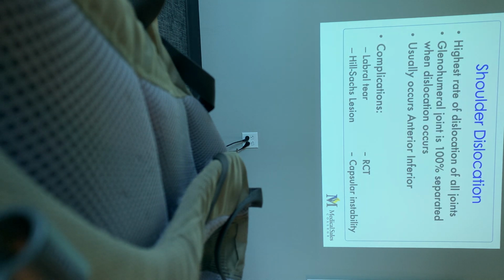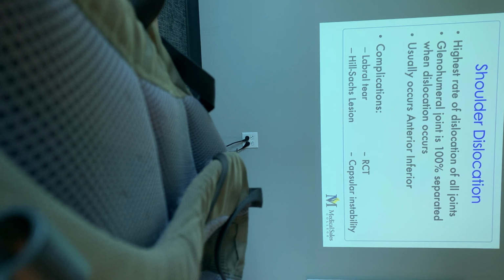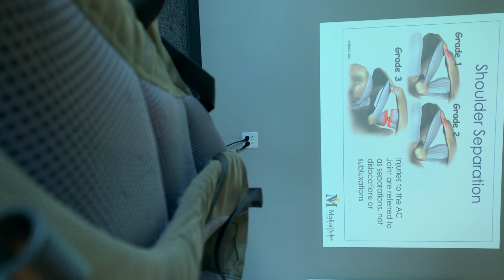Okay? So, shoulder, most dislocated joint. I don't think anybody doesn't remember that. But shoulder dislocations are quite common, and it's because of the huge amount of motion. The greatest amount of motion of any joint in the body is the shoulder, and because of that, and because of the very shallow nature of the glenoid, it can obviously dislocate. It's the number one joint dislocation in the world.